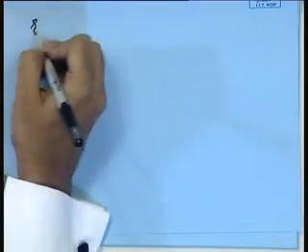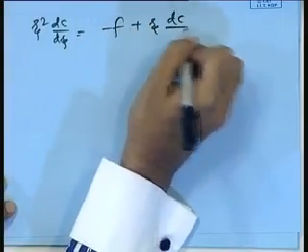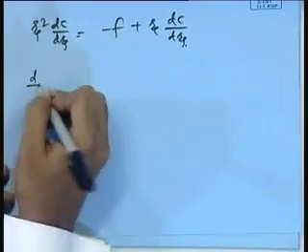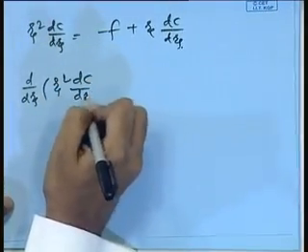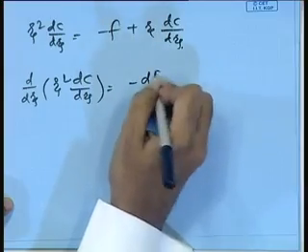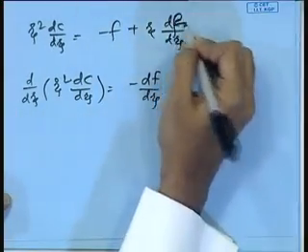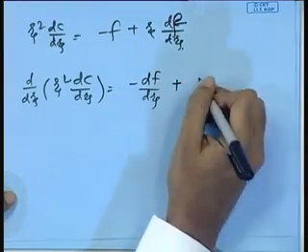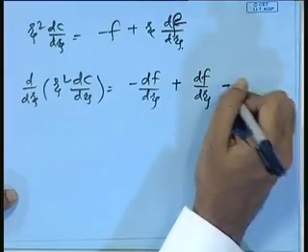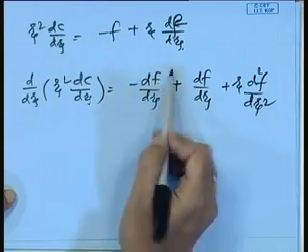Okay, so I go to the next one. So then my psi square del c del psi equals minus f plus psi into del f del psi. Now del psi of this is this plus, cancels out.